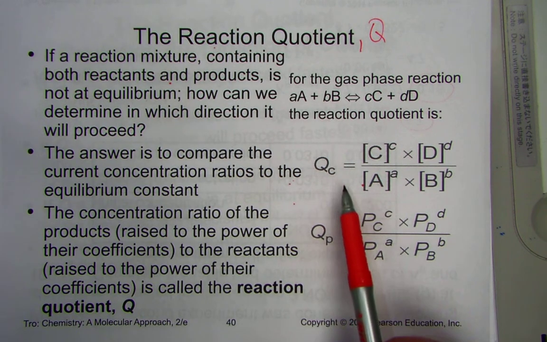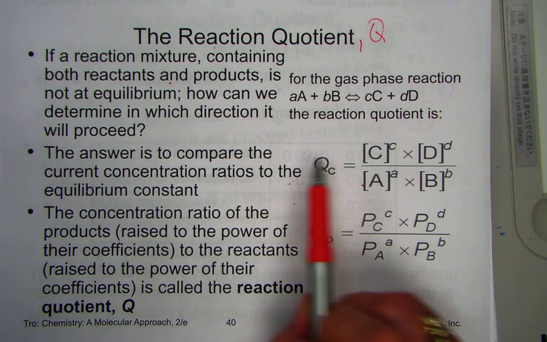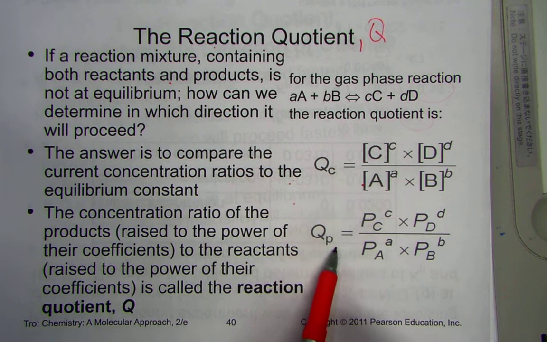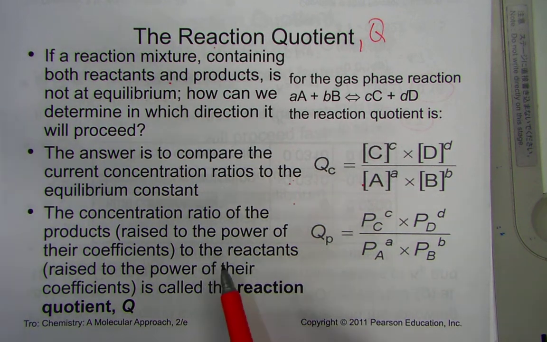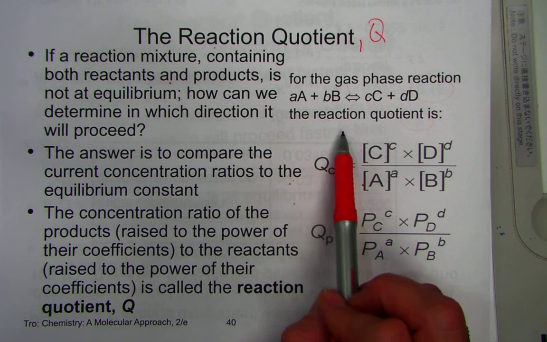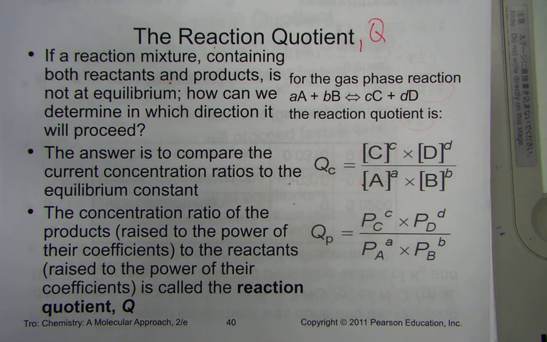It's done exactly the same way, but we can't call it a Kc or a Kp because the reaction is on its way to equilibrium and not there yet. But it's allowing us to predict if we're still traveling to the right or to the left in terms of comparing the number.